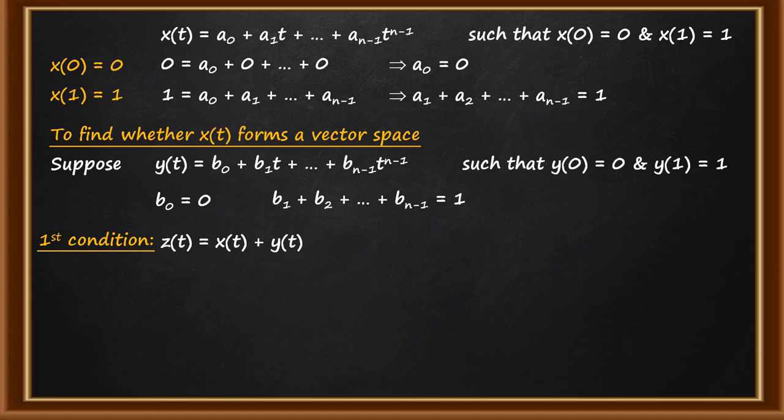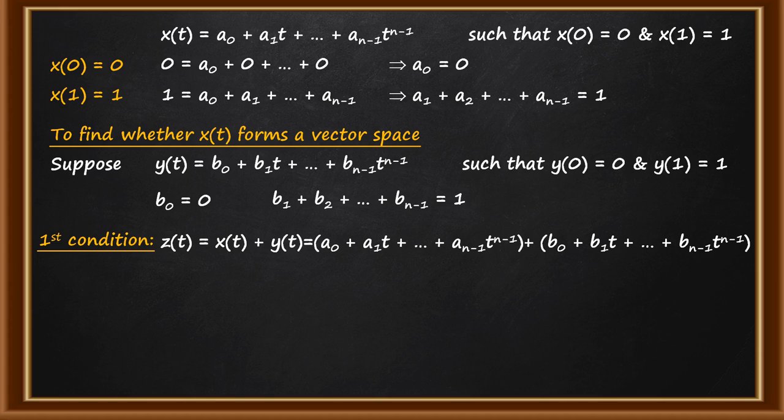So we'll check that here. Now we will put the values of x(t) and y(t). So z(t) will be equal to a0 plus a1 t up to a(n minus 1) t to the power n minus 1 plus b0 plus b1 t up to b(n minus 1) t to the power n minus 1.